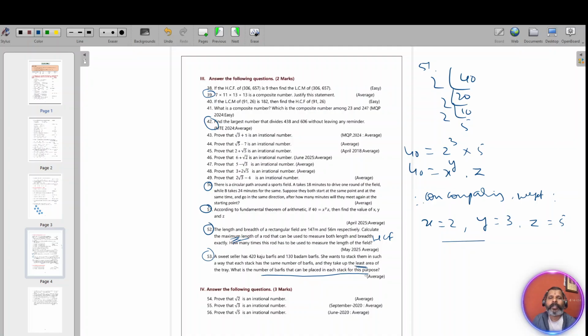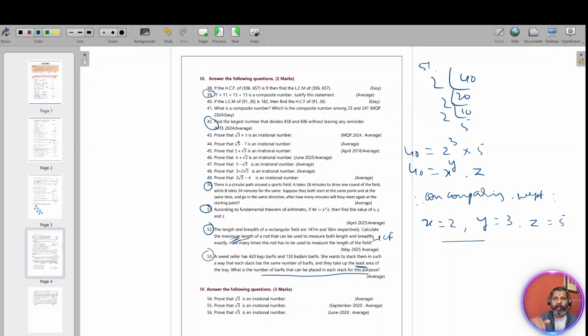Don't go with the word least; it will confuse you. When they're stacking Kaju burfis and Badami burfis, using the least trays means they should put maximum burfis in one tray. When they put maximum burfis in one tray, the number of trays used will get reduced, right? So don't go with the least word given in the question and find LCM.